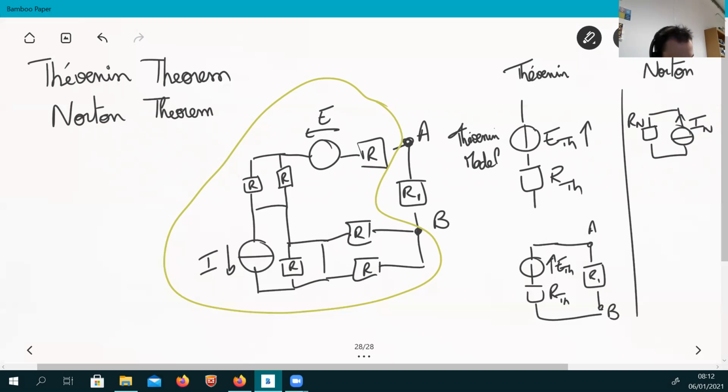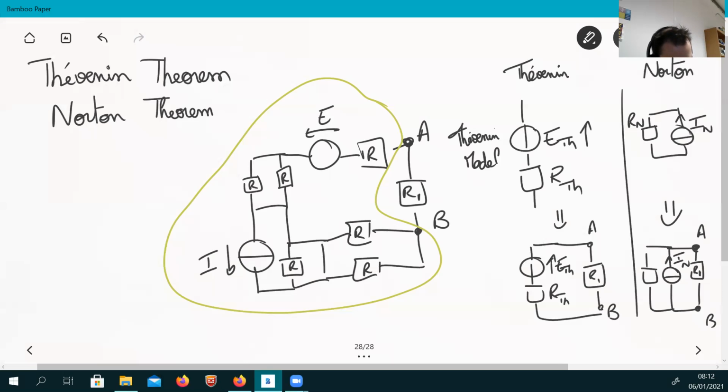So again, at the end, you will have the resistor R1 and the rest of the circuit is now simplified with this model.